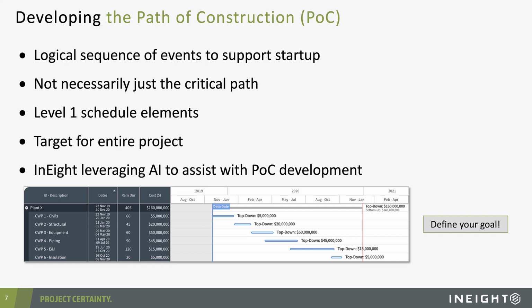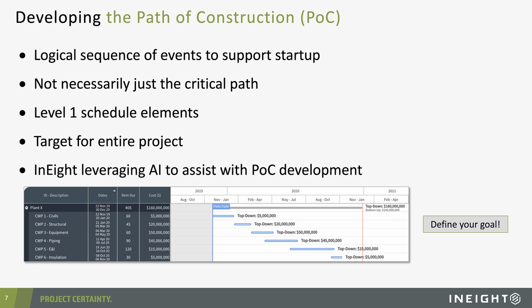Now, one of the very groundbreaking and I think exciting initiatives that we're undertaking at InEight is the fact that we recognize that this level 1 path of construction is essentially the milestone view of your overall project. Well, we are leveraging artificial intelligence and machine learning such that as you define your path of construction, being able to leverage and interrogate prior projects and look at prior as-built schedules and say, okay, in these previous analogous projects, these were the milestones that were achieved.